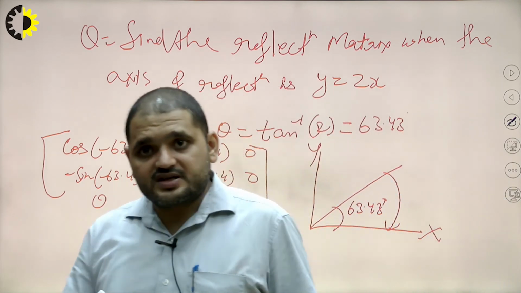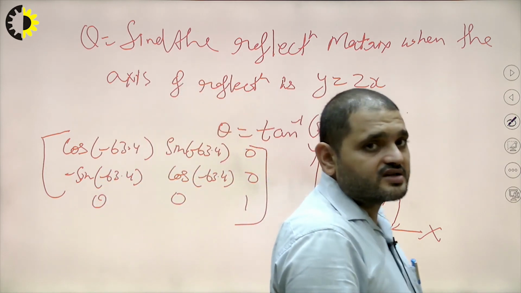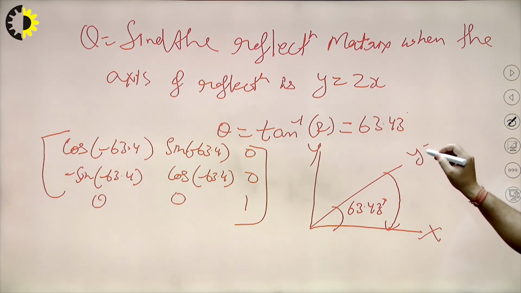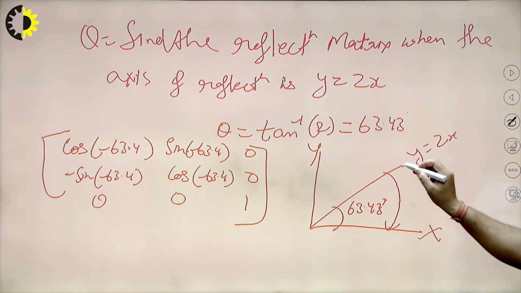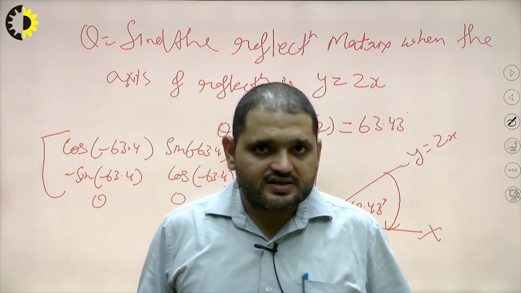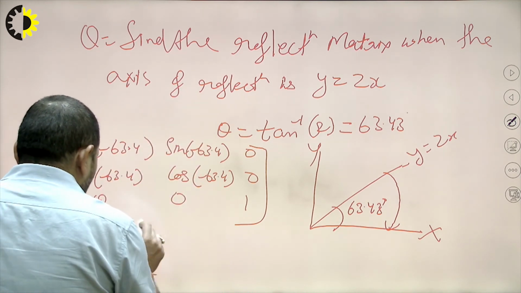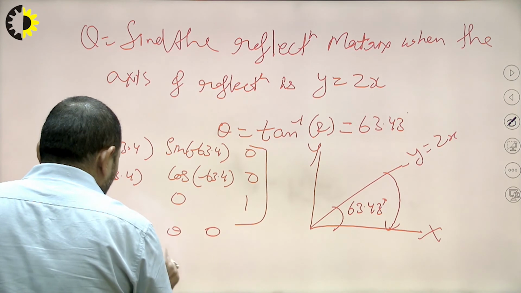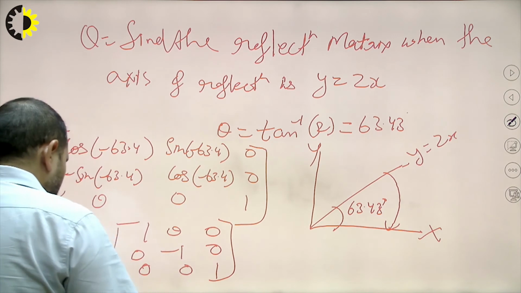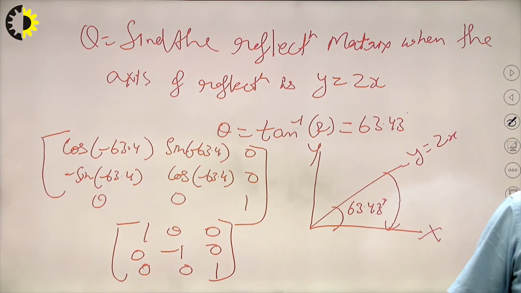Now I will do the reflection along the x-axis, because I know that matrix and I have already aligned the line y equals to 2x. The matrix for reflection along the x-axis is 1 0 0, 0 minus 1 0, and 0 0 1.